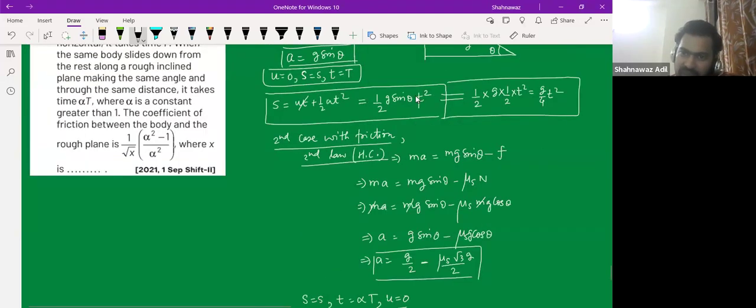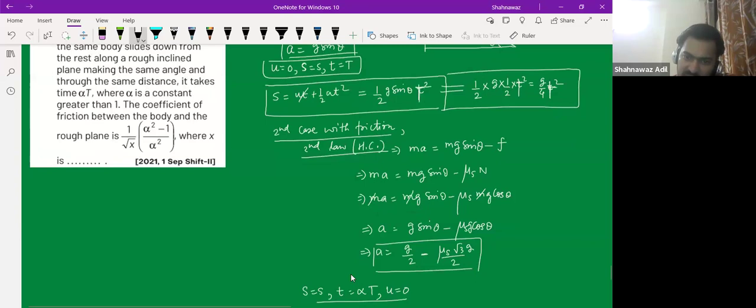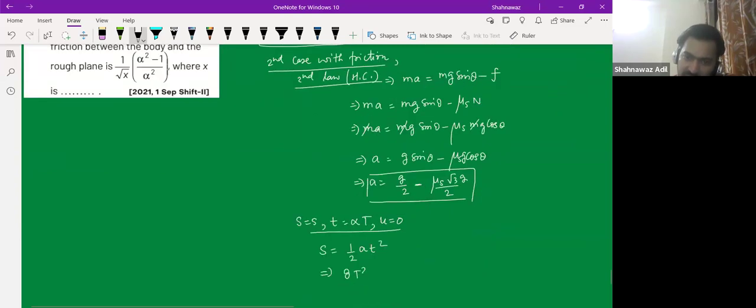So this is g t square by 4. And then half a: g we can take common, and 2 we can also take common, so 1 minus mu s root 3, and this is alpha squared t square.